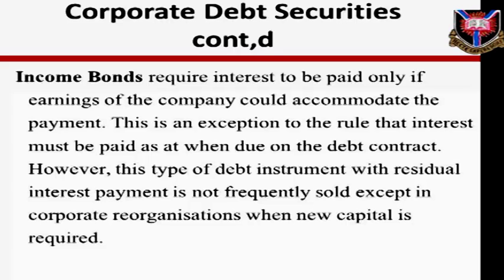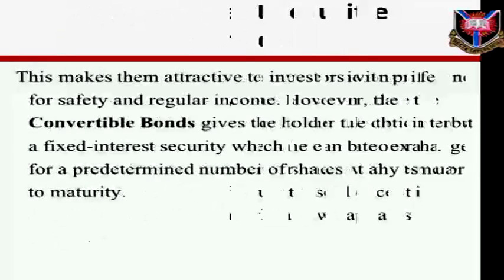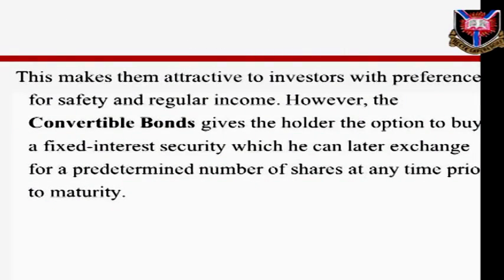However, this type of debt instrument with residual interest payment is not frequently sold except in corporate reorganizations when new capital is required. Generally, corporate bonds or debentures are associated with debt instruments having fixed return from interest. This makes them attractive to investors with preference for safety and regular income.